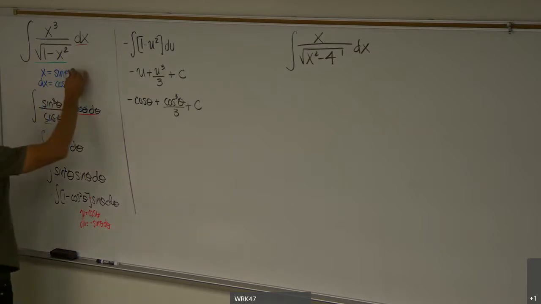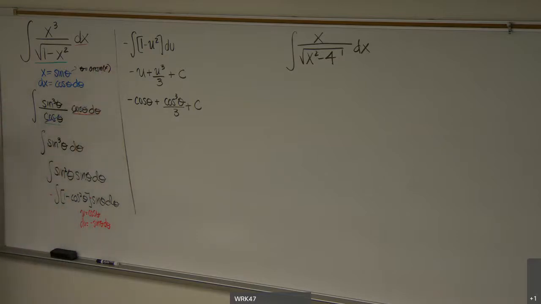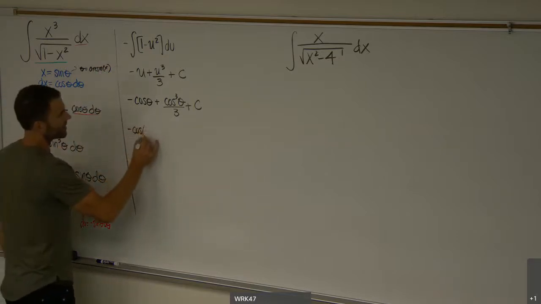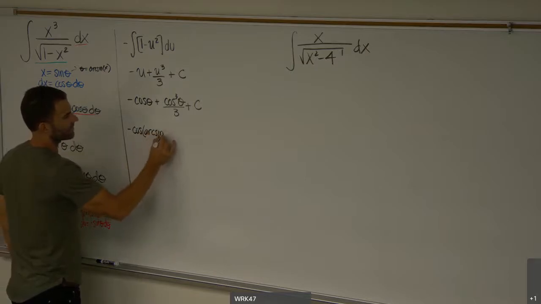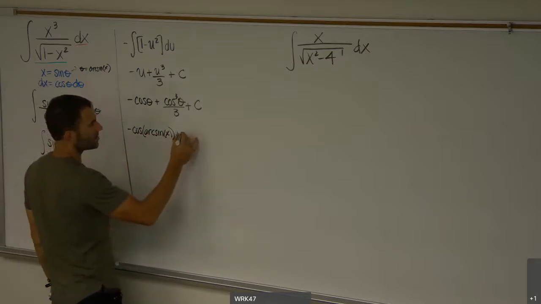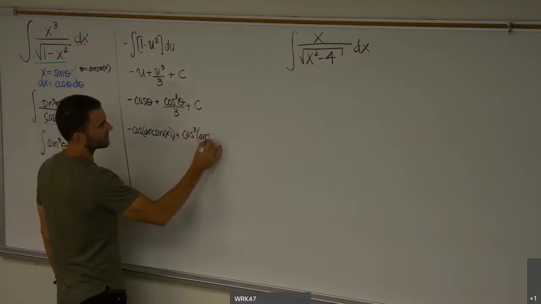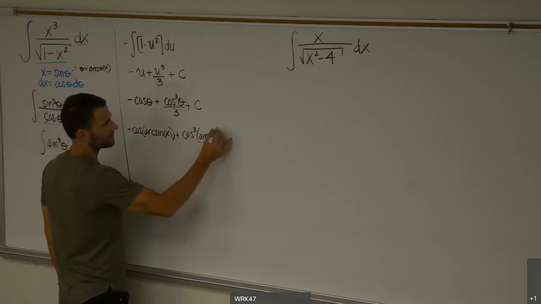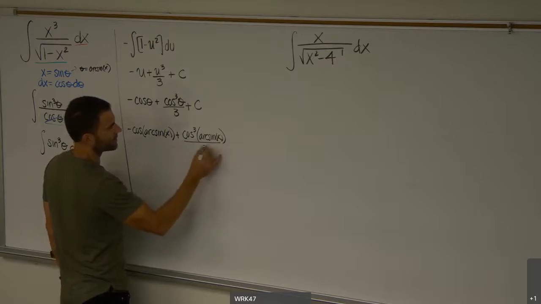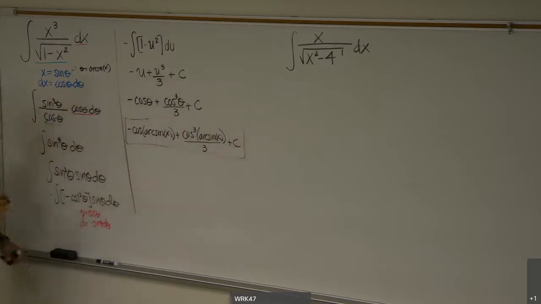If I solve this for theta, taking arc sine of both sides, I get this. And so we get negative cosine of arc sine of x plus cosine cubed of arc sine of x, over 3, plus c. And again, the answer doesn't look very nice, but it's the answer nonetheless, right?